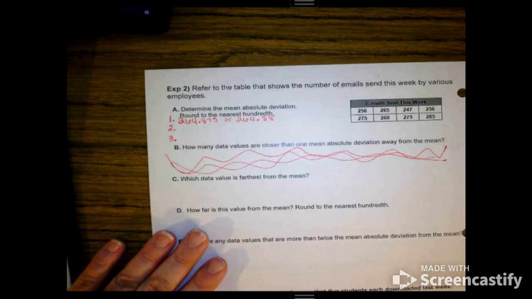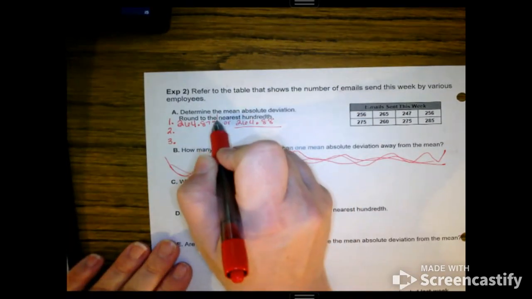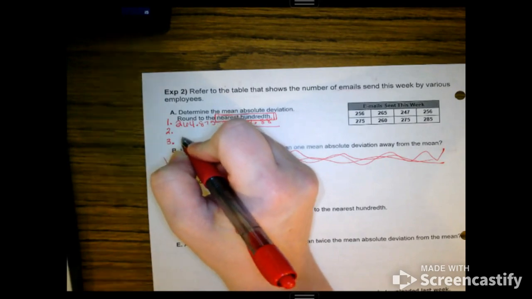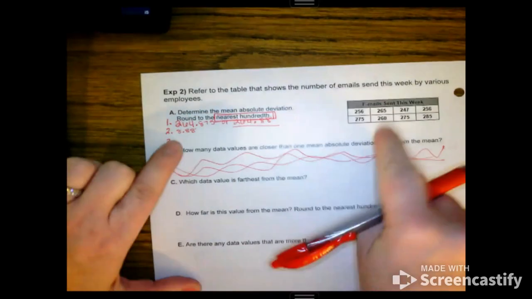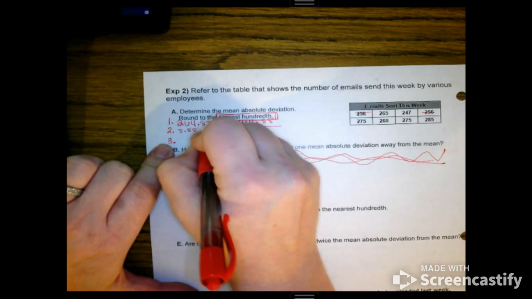So the distances you should have gotten, if you did three decimal places, it's going to look a little bit different. I did two because I rounded to this. Guys, look right here. I even told you hundredths. So 256 was 8.88 away.